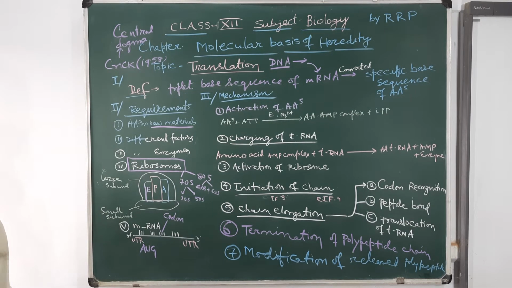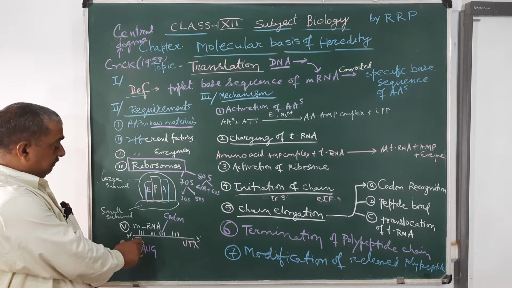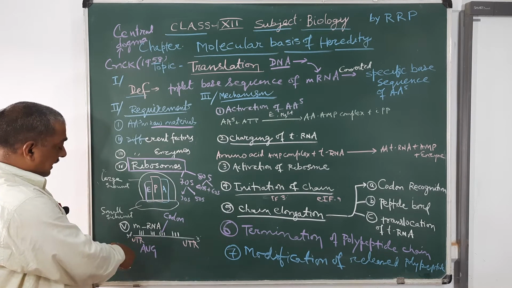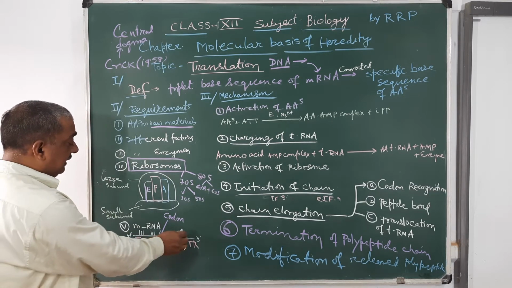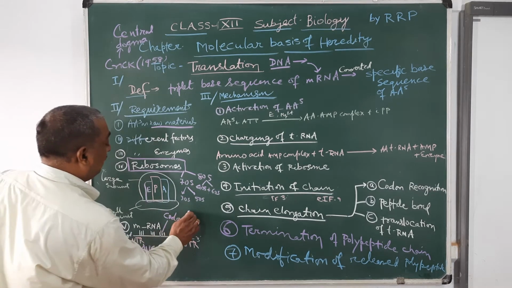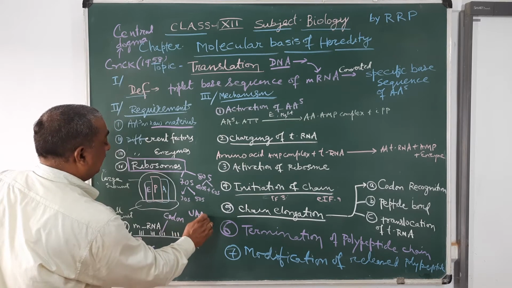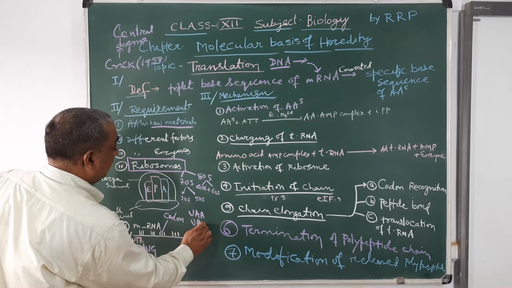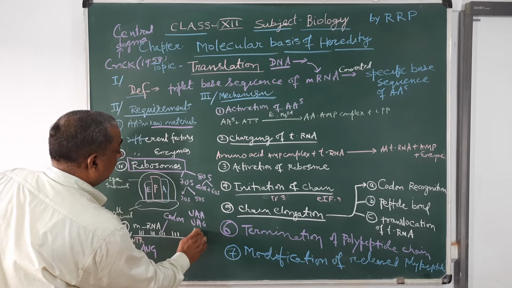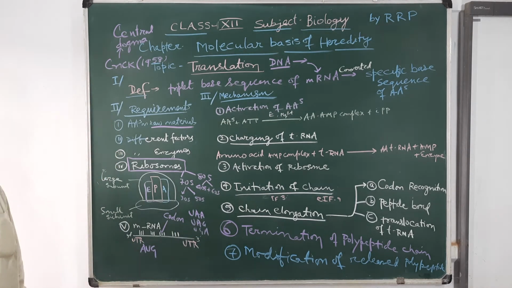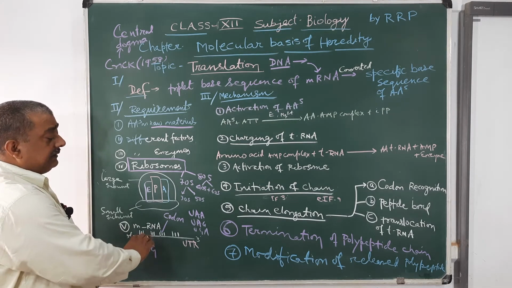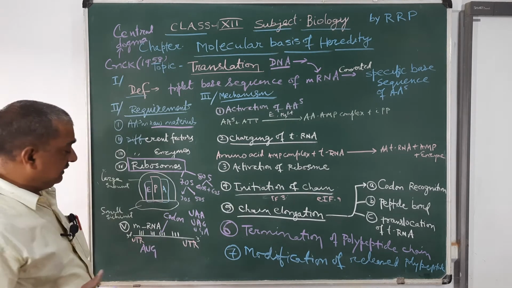Before the initiation codon, there is some space called UTR, at the 5 prime end. There are also termination codons like UAA, UAG, UGA. They are called termination codons. When any one of them comes, synthesis of the polypeptide chain is stopped.